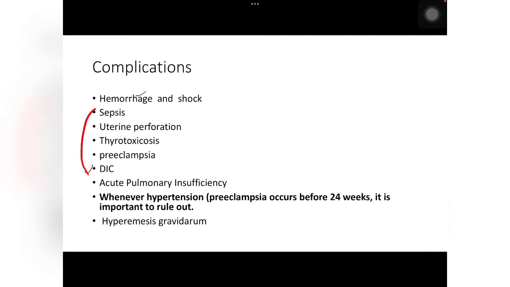Sometimes the small vesicles can enter the uterine circulation and reach the lungs and cause acute pulmonary insufficiency. Embolism can happen. So whenever hypertension occurs at less than 24 weeks and the patient has never had an ultrasound, it is always better to get an ultrasound to rule out molar pregnancy. There will be hyperemesis gravidarum.